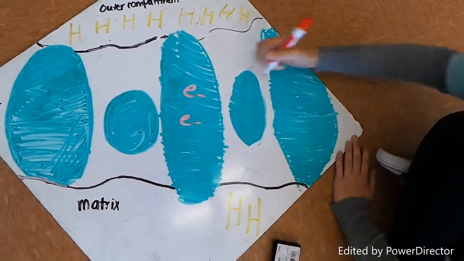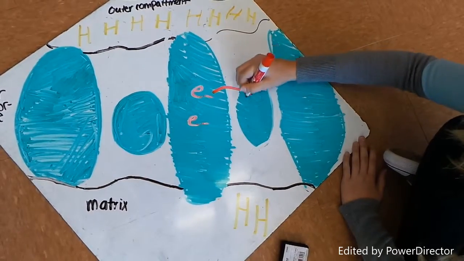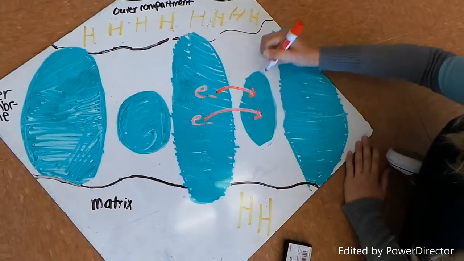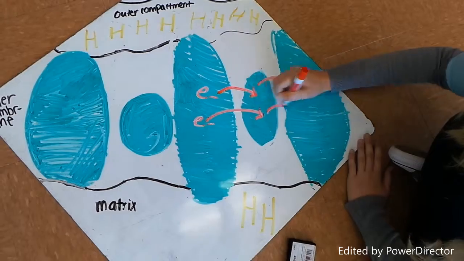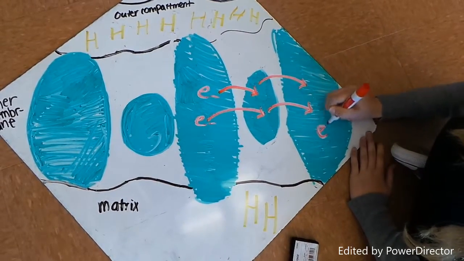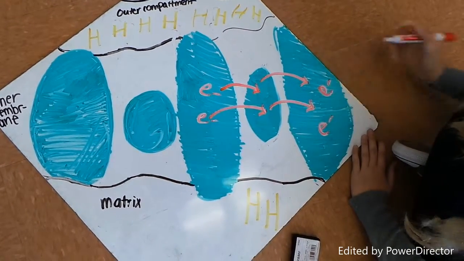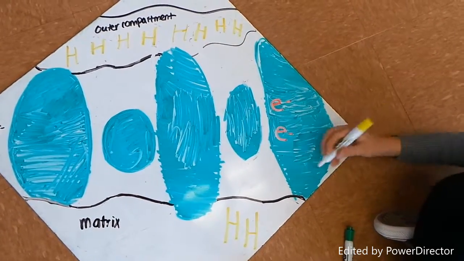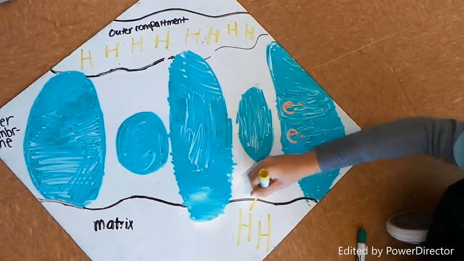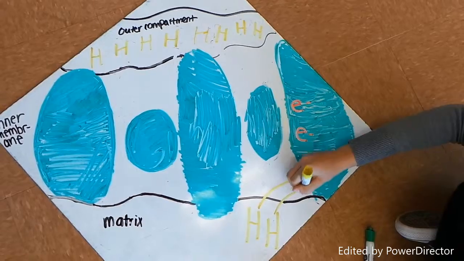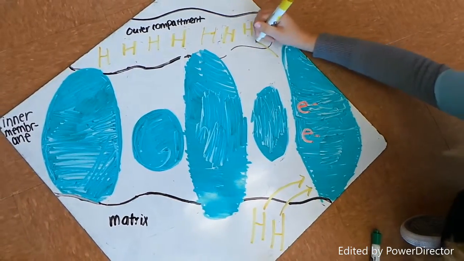The electrons are then transferred to the 4th protein and then to the last ion pump. The electrons use a little bit more of their energy to pump 2 more hydrogen ions across it and into the outer compartment.